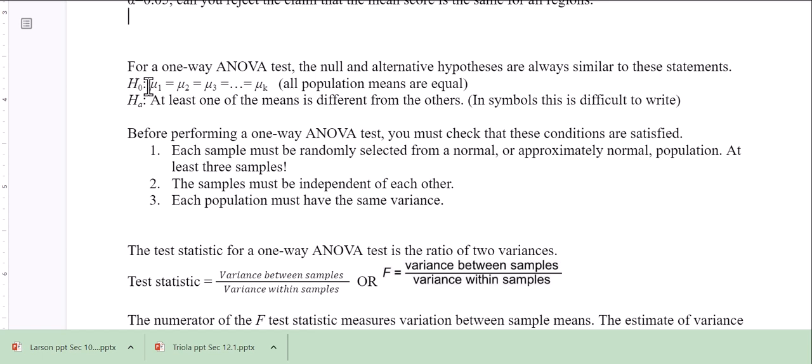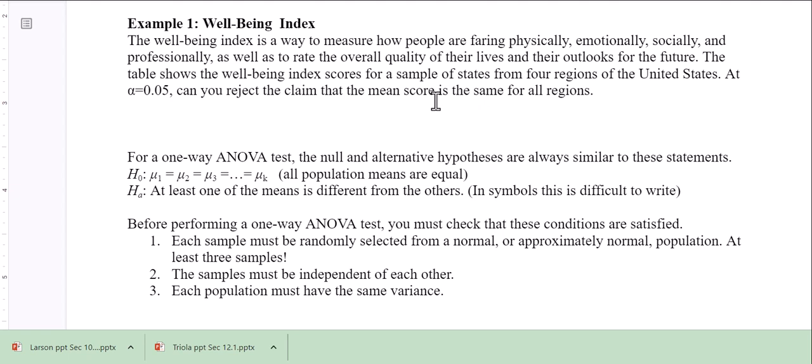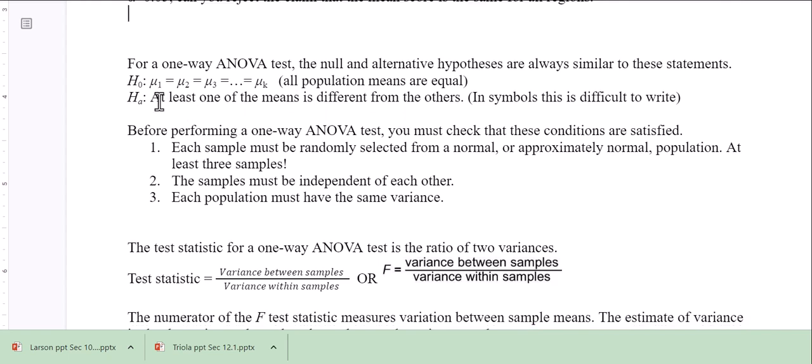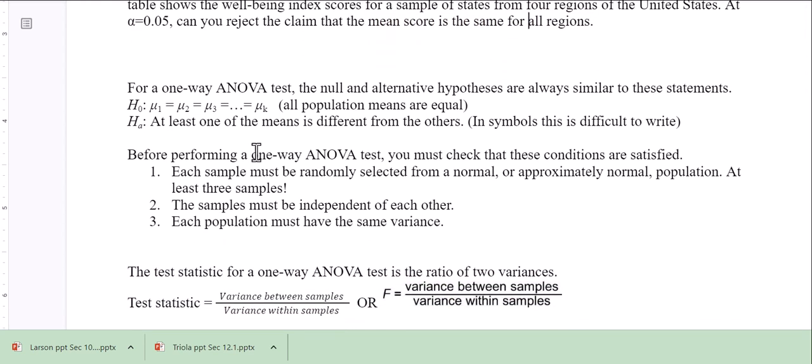So here the null is all the means are the same, so everyone has the same average index. All the 4 regions have the same well-being index on average. So all population means are equal, and that's the claim: that the mean score is the same for all regions. That's the null hypothesis.